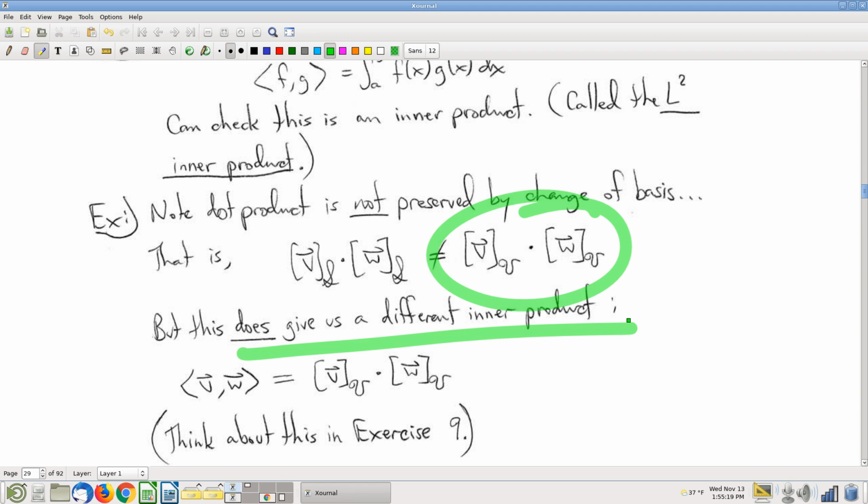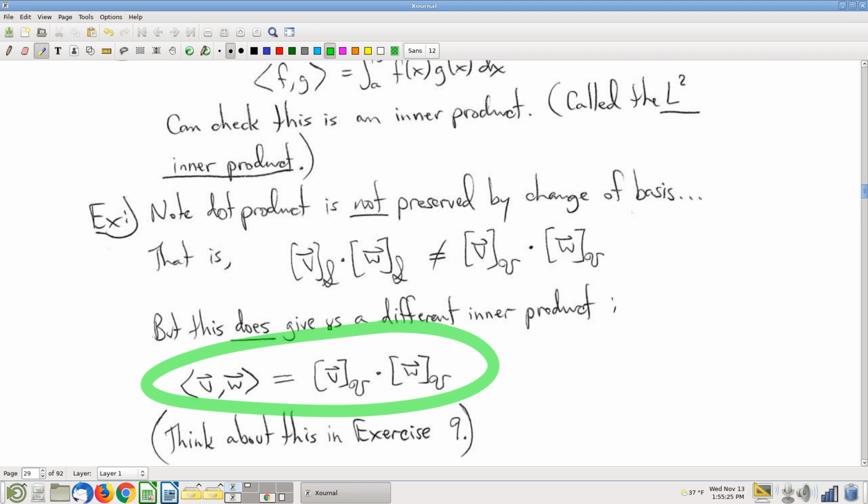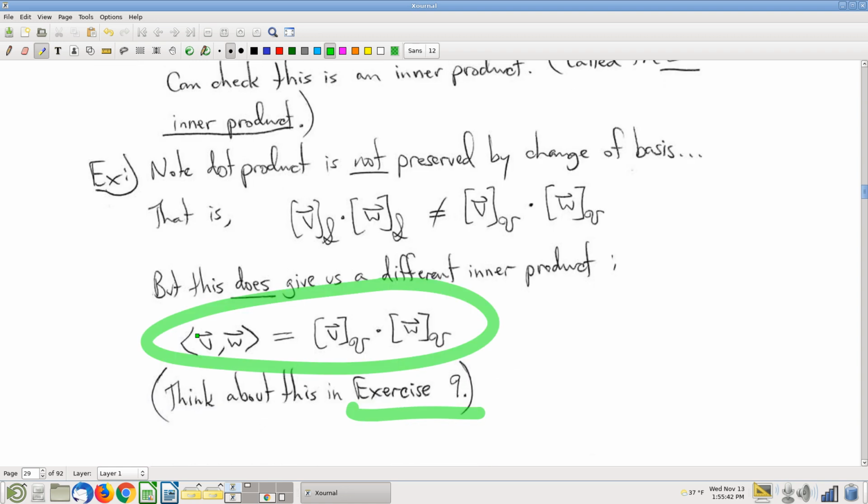Okay. All right. So this thing is an inner product. Exercise 9, I just want to point out to y'all, effectively asks you to prove this. It's just a matter of going up and checking these 4 properties. Just got to go through them one at a time. Just do them. Exercise 9 doesn't phrase it this way.